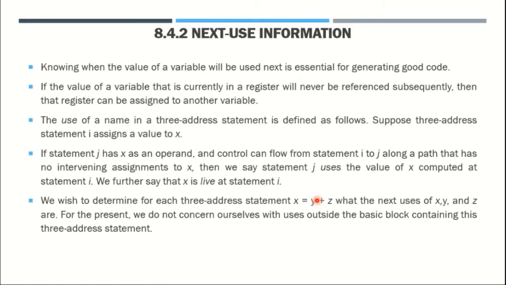Before constructing the flow graph for basic blocks, we discuss one more concept, that is next use information. The brief idea of this concept is that whenever we execute any program, at the time of executing the current instruction, we can guess which variable or which memory location will be used in the next instruction.